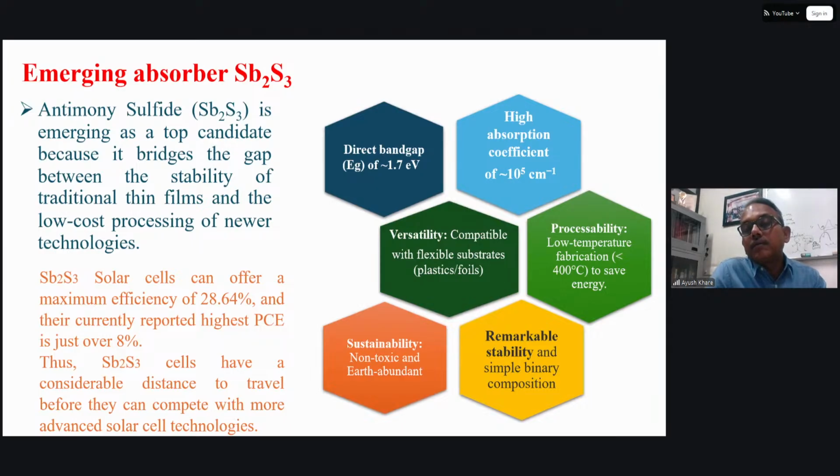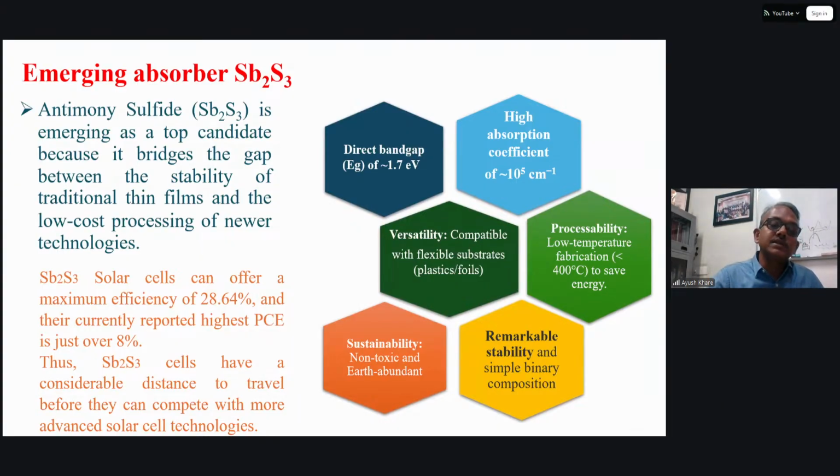But the major characteristic one material should have so that it can absorb the maximum number of photons is its absorption coefficient, right? In this whole mechanism, the absorption coefficient of the material to be used has to be very high, so that it can absorb a good number of photons and convert them into electrons, right?